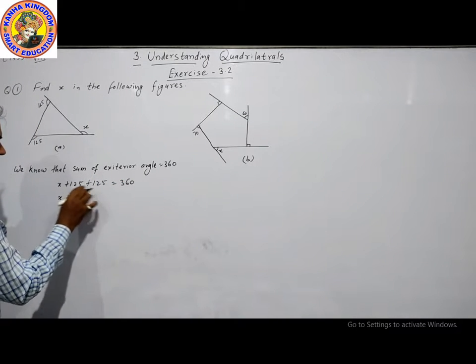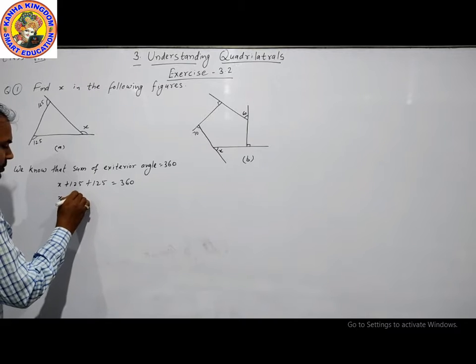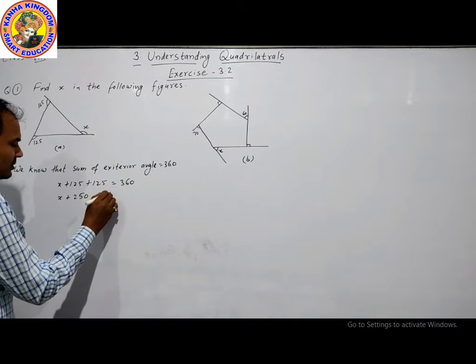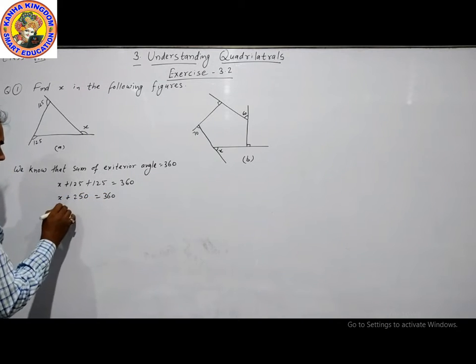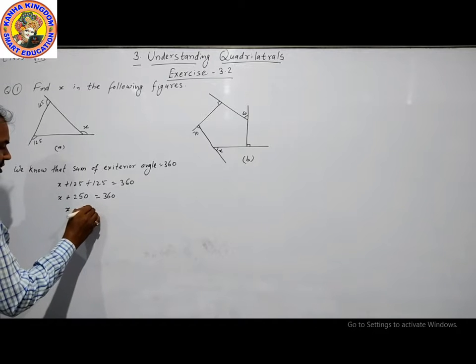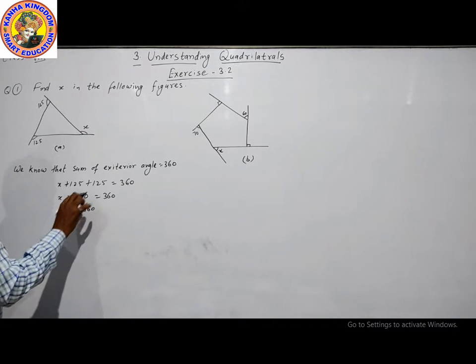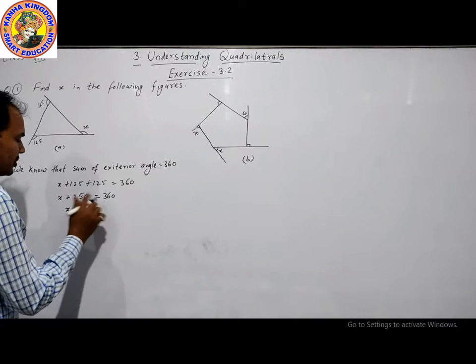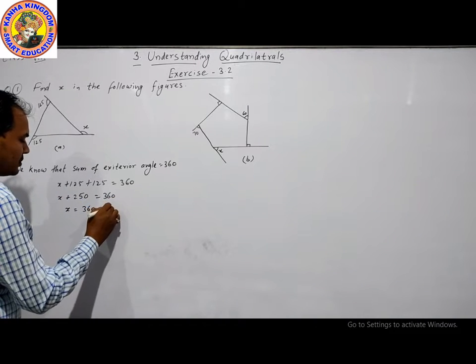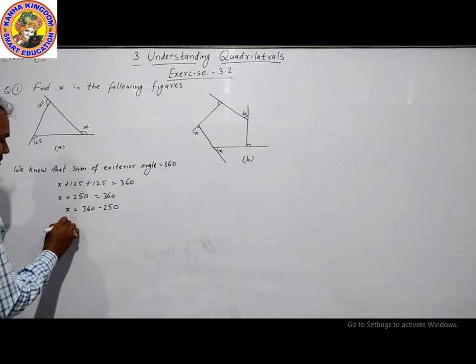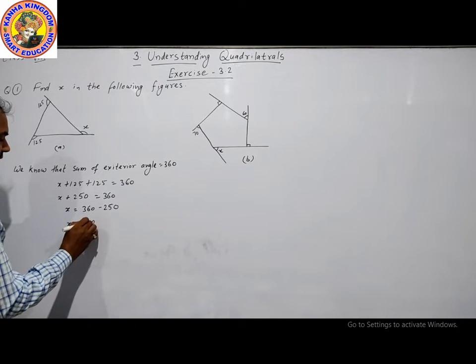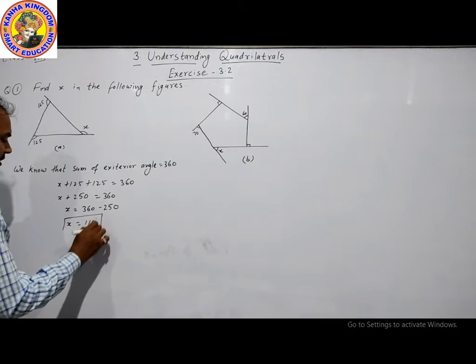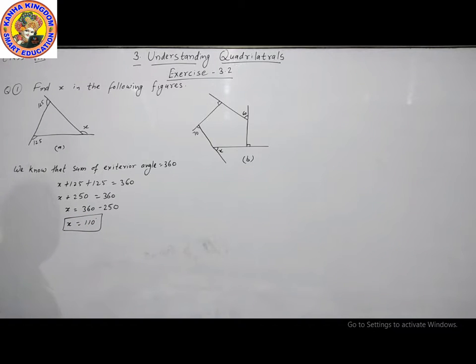X plus 250 is equal to 360. Now transposing, 250 goes to the right hand side. This is positive, but by transposing, this will be negative. So x is equal to 110 degrees. The value of x is equal to 110.